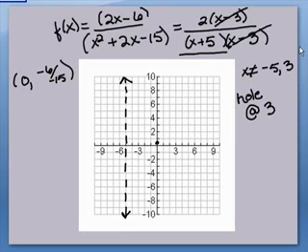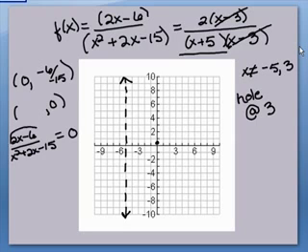And then let's look at the x-intercept. To get the x-intercept, plug in 0 for y. So we want the 2x minus 6 over x squared plus 2x minus 15 to equal 0. And the only way a fraction is going to equal 0 is if the numerator is equal to 0. So we can ignore the denominator right now.